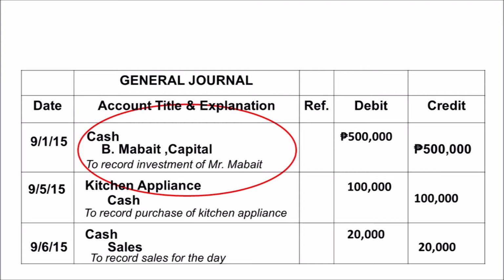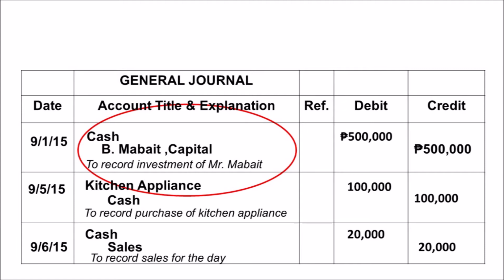So the account to be debited and the account to be credited are recorded. The account titles are reference to the chart of accounts. Correct and proper usage of the account titles are necessary for a clear and accurate presentations of amounts in the financial statements.